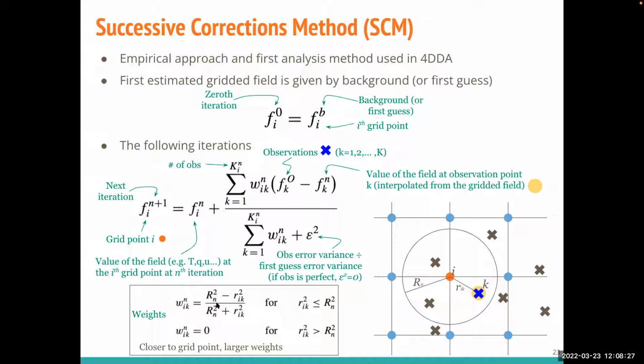You can calculate the weight here by the ratio between the large circle and the distance between these two. Okay, that's how you move forward. So you get to decide how many iterations you do to force your data to be influenced by the data coming from the weather stations here.